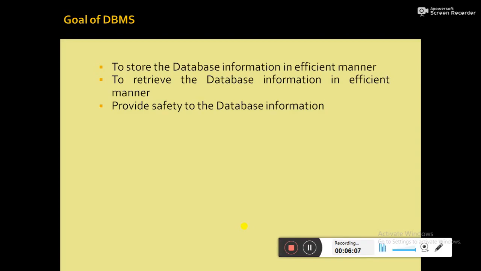We came to know that the goal of DBMS is to store the database information in an efficient manner, as well as to retrieve the stored information in an efficient manner, as well as provide safety to the stored information. So these are the ultimate goals of DBMS.